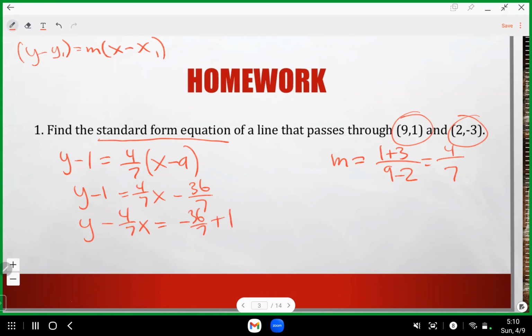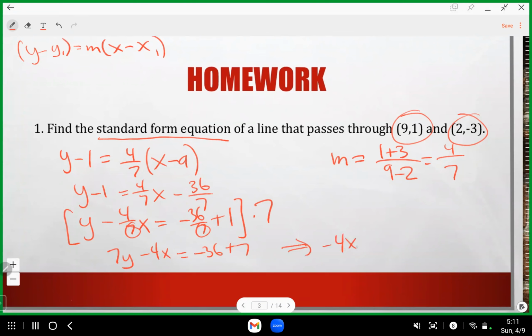And 1 is 7 over 7. Actually, we can multiply everything by 7 because you can see that these denominators are the same. So let's multiply everything by 7 first. So then we are going to get 7y minus 4x is equal to negative 36 plus 7. And that's it.